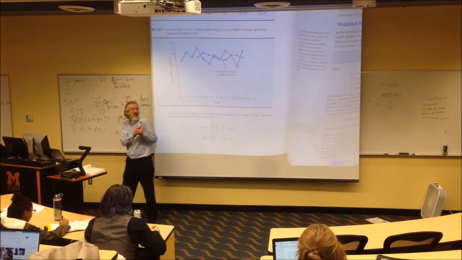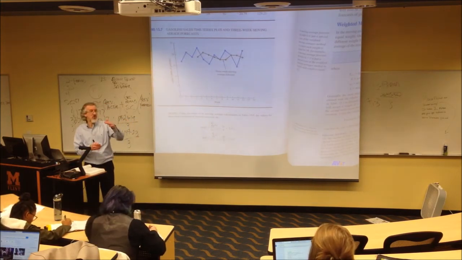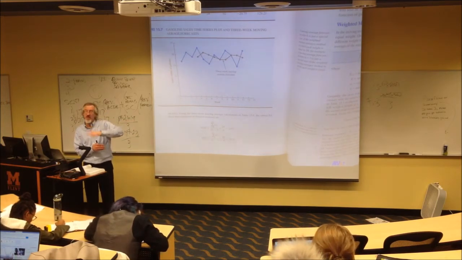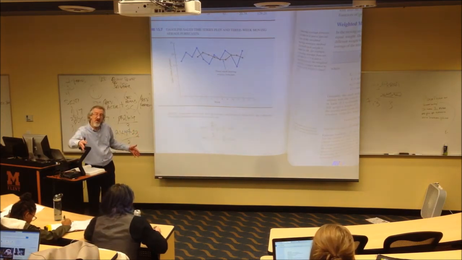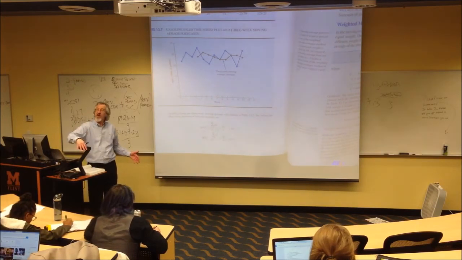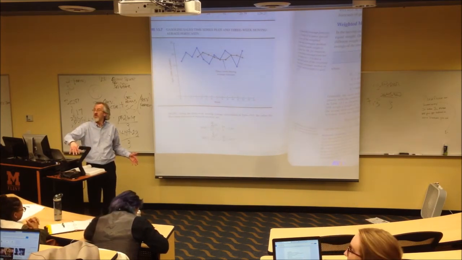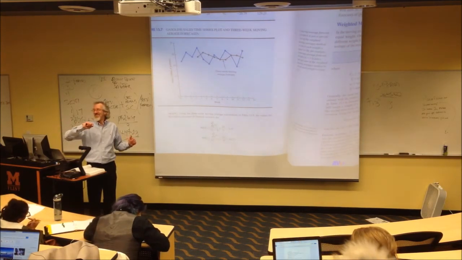Now, let's compare this to a 5-period moving average. We start doing forecasts. Period 6 is our first one. 7, 8, 9, 10, 11, 12. We compare it to the actual, we get our errors. We square each error. We add the squares. What do we divide by, Sierra? No. It's a 5-period moving average.